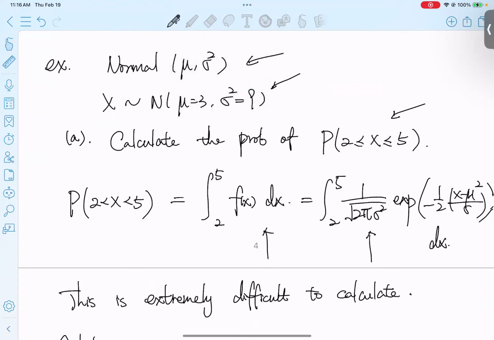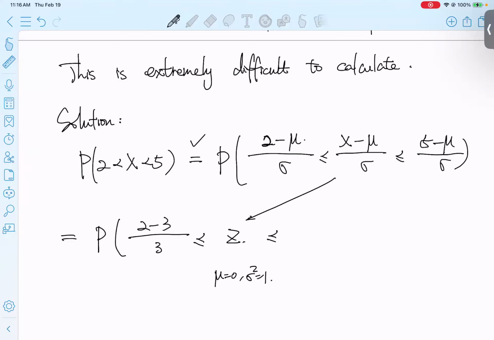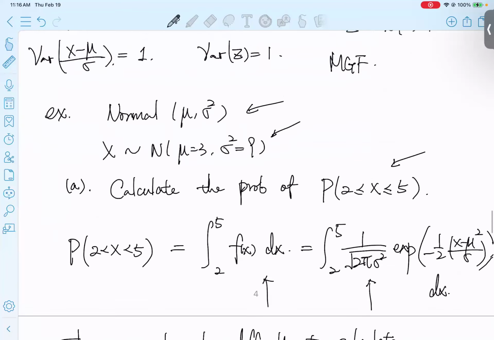In textbooks or homework problems these are given, and then you can just plug them in. So you get 2 minus 3 over 3, and you convert this into a standard normal with mu equal to 0 and sigma square equal to 1, and 5 minus 3 over 3. The 3 comes from the square root of 9.